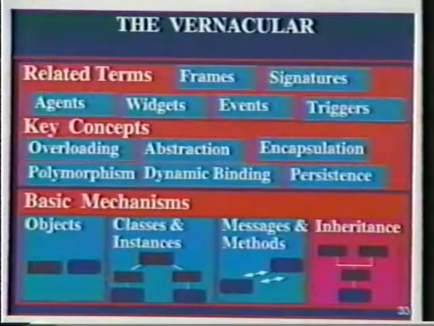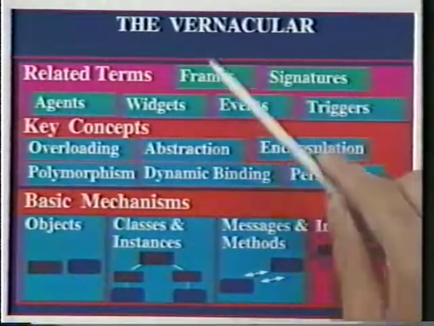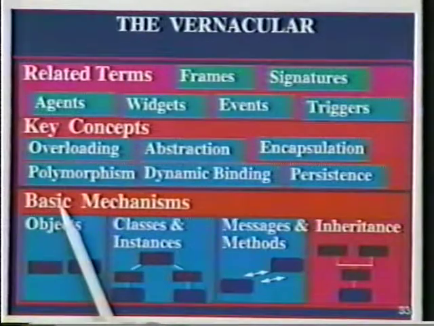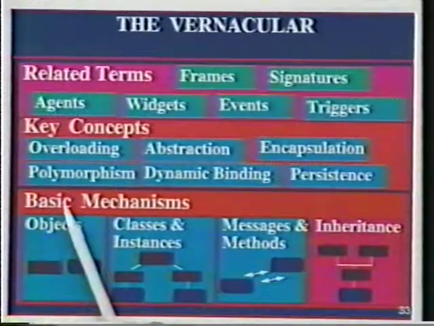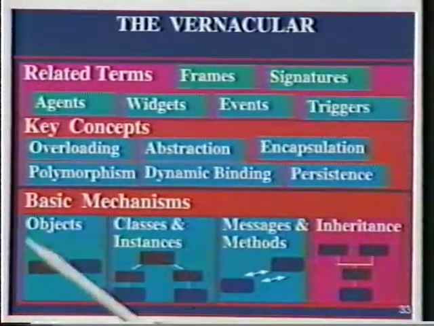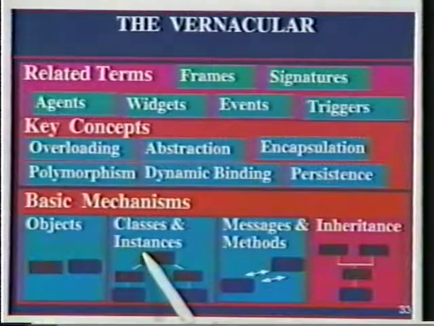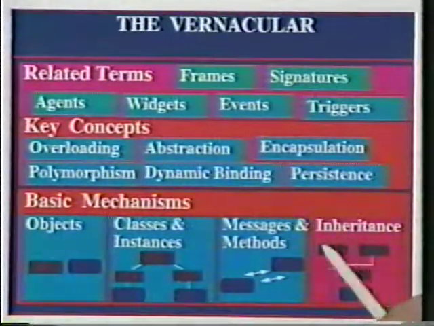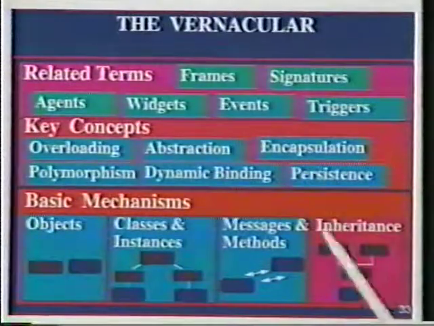The next aspect, and a very important aspect of this process, is the inheritance process. So, in the vernacular, we are discussing the basic mechanisms, and I have said there are 4 types of basic mechanisms that have to be in any object oriented language: defining object, forming taxonomies, sending messages, and finally defining inheritance.